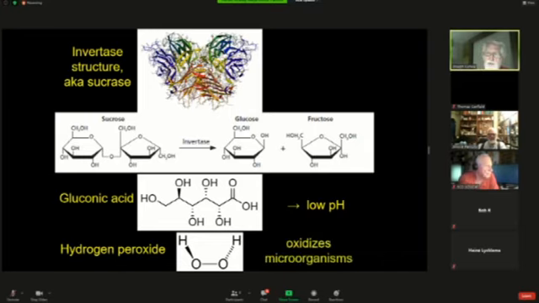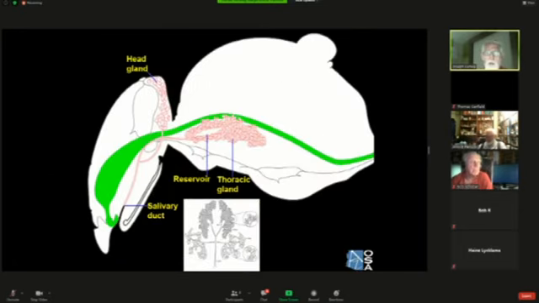The acidity helps prevent growth of bacteria and other microorganisms, and the hydrogen peroxide oxidizes the microorganisms. So that's why honey can sit on a shelf forever and not spoil, because of the acidity and molecules such as hydrogen peroxide.